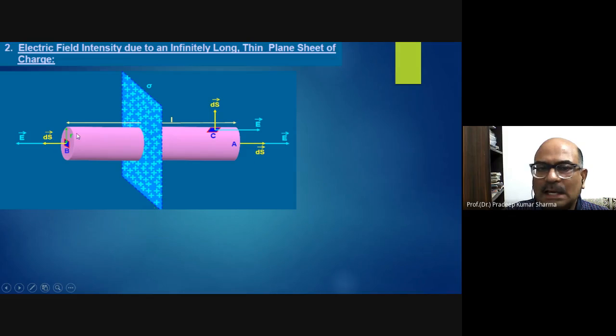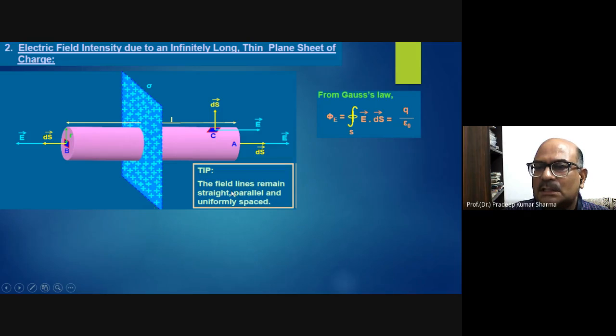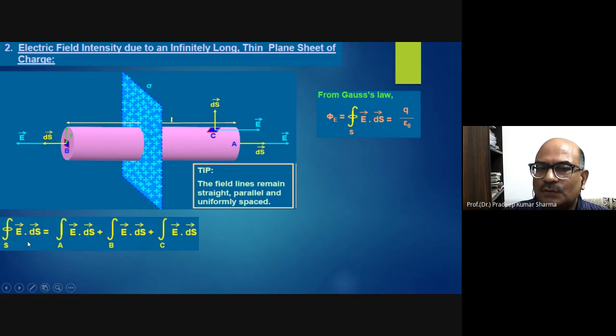But for A and B, you can easily make out that these are in the same direction. So when we are writing Gauss law for this, the field lines remain straight, parallel and uniformly spaced. So we can again write this flux, the surface integral of E dot ds, as the sum of three surfaces A, B and C.